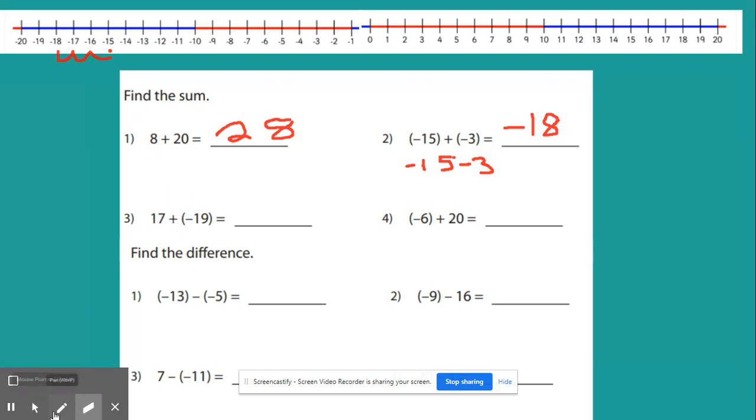Now, looking at our next problem, we have a positive number plus a negative. So this tells us that we have 17 minus 19.